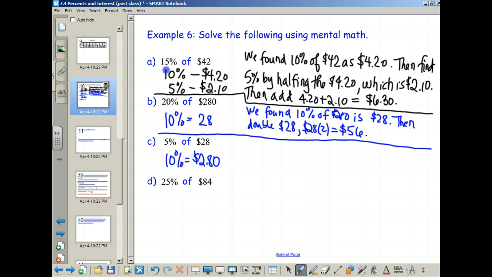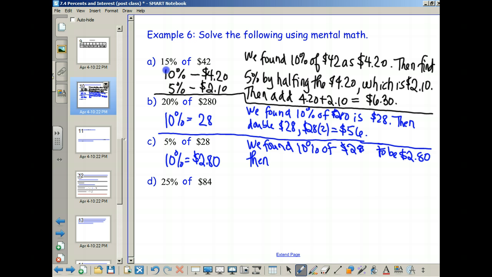So we've got a $28 meal. This is $2.80. So we found 10% of 28, sorry, not 280, it was 28, to be $2.80.